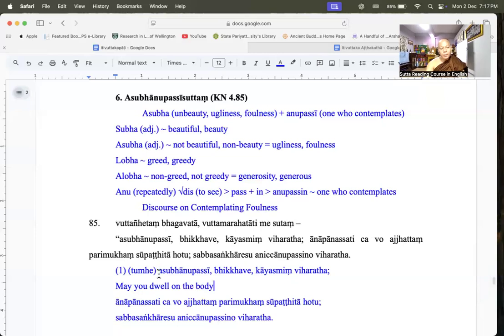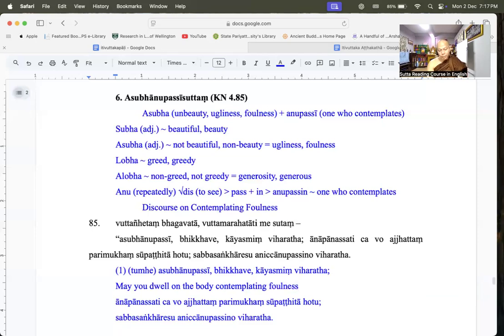And then this Asubhānupassī is actually a subject modifier or subject complement. So that one is like the present participle form. So contemplating. So may you dwell on the body, contemplating formless in this way.